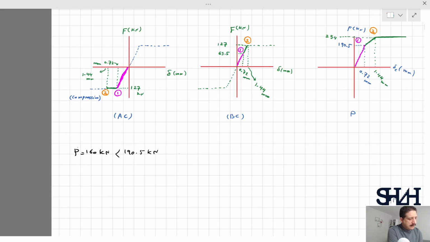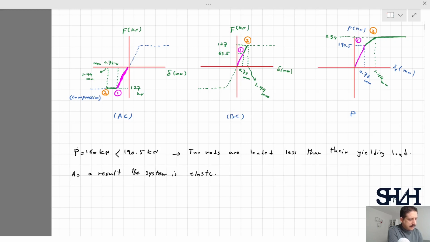In this case, the two rods are loaded less than their yielding load. As a result, the system is elastic. So removing the load would result in coming back to the original length of the system, meaning that all members are in the elastic phase.